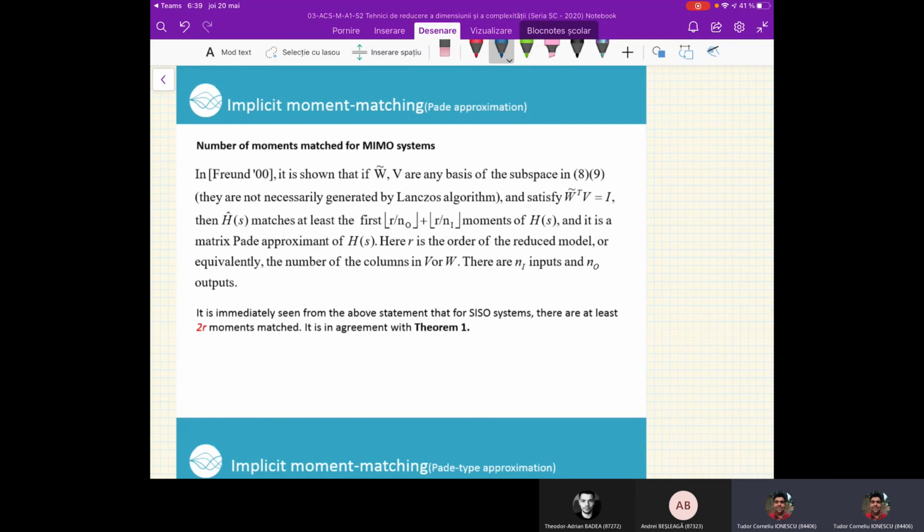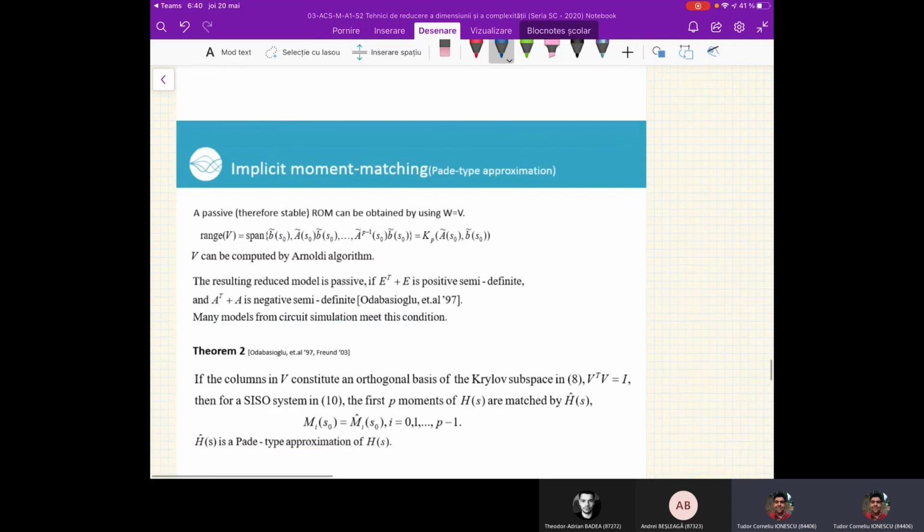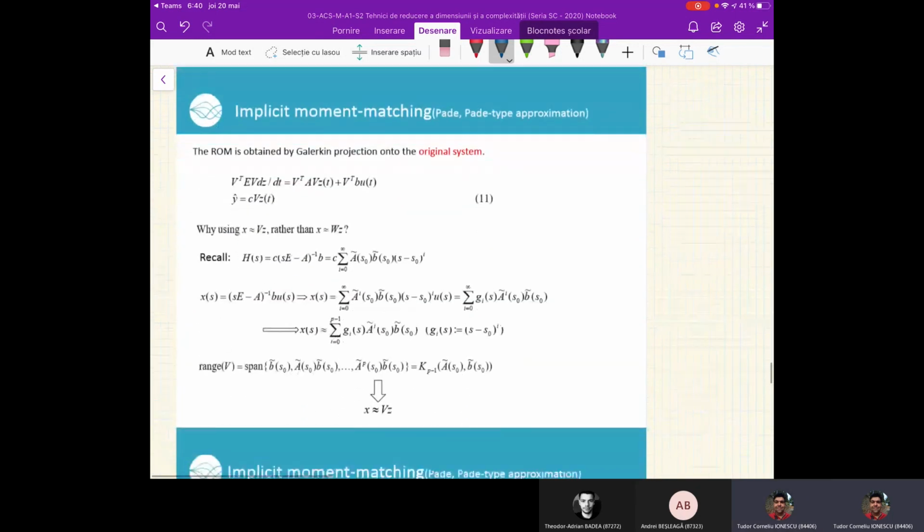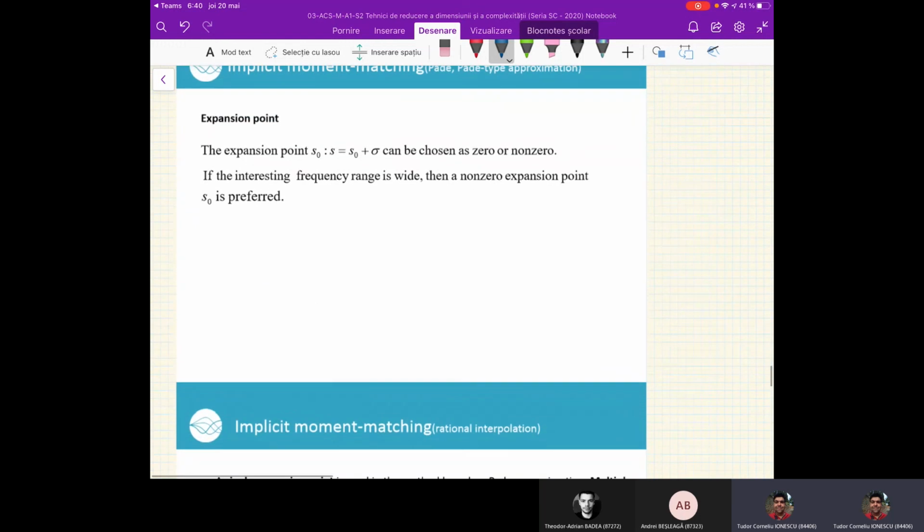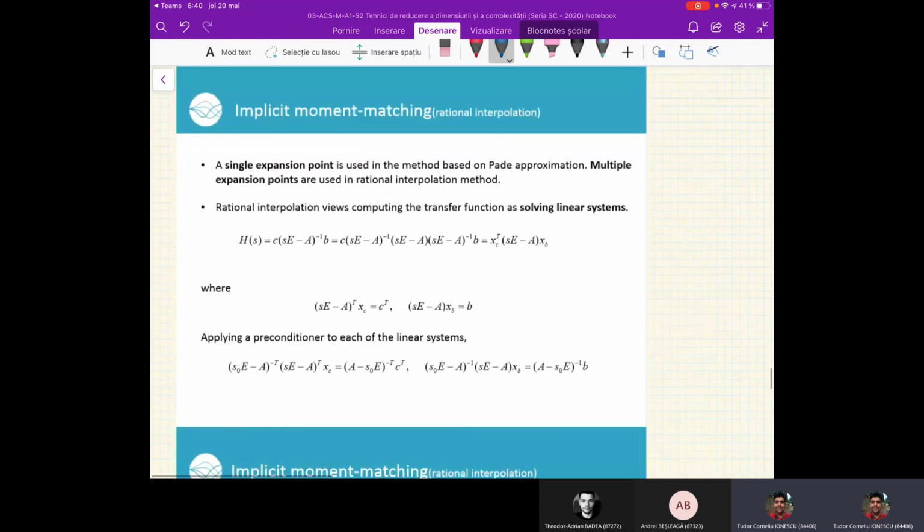However, note that for a scalar transfer function the moments are scalars. For a transfer matrix, the moments are matrices this time, so you need bigger storage for such systems. Of course, you can preserve passivity with Padé approximation and so on.